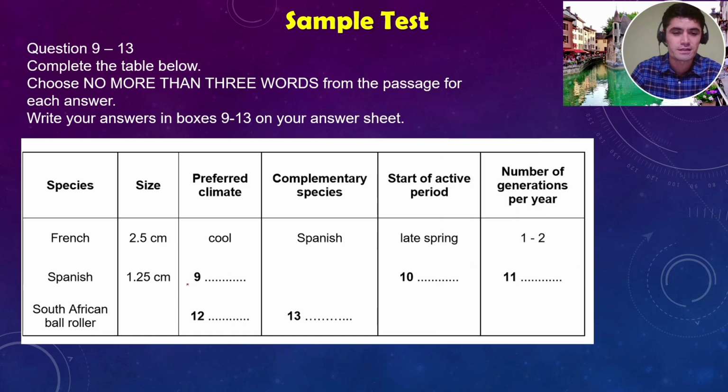The questions in table completions either go vertically like this, so it starts from question 9 and ends at question 13, right? Or horizontally. So sometimes it goes vertically, sometimes horizontally.